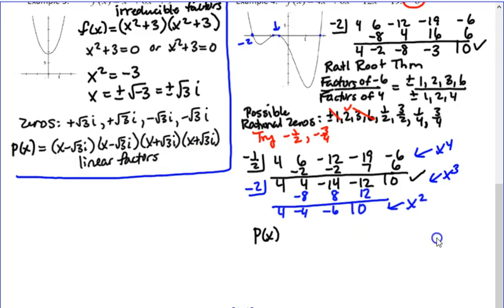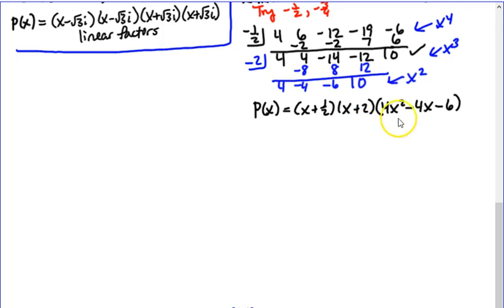P of x. Okay, so p of x is equal to, I have my first two factors, x plus 1/2, x plus 2, and then my third factor is 4x squared minus 4x minus 6. Now my leading coefficient here is actually, I can actually bring a 2 out. I can actually divide all of these by 2.